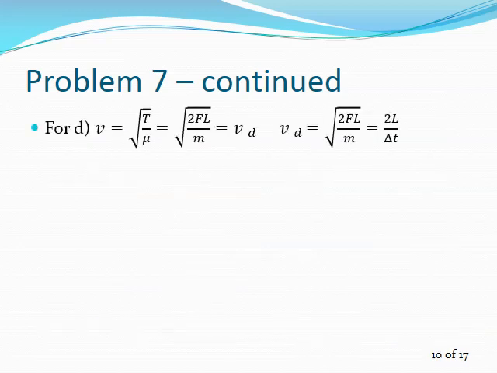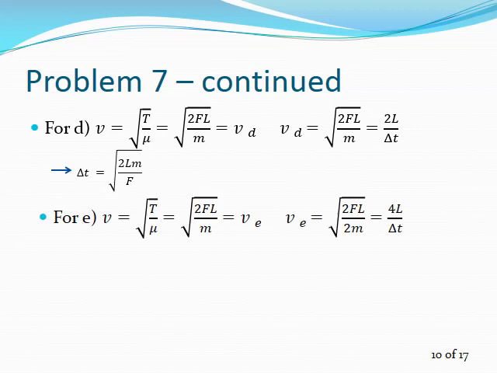And then I do this again for part D. In this case, the force was twice as large. I solve for my time for part D, and I get this expression. I do it again for E, putting in all the things I know, and I find out that my time should be this.